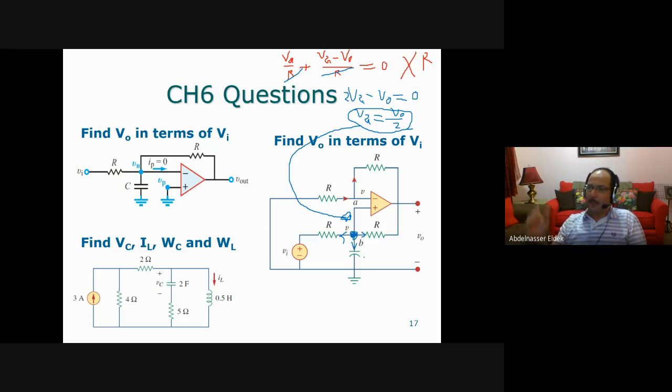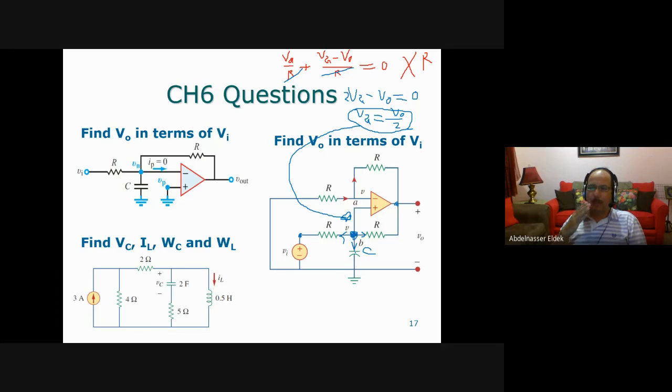The first current is VB minus Vi divided by R. The second one is VB minus VO divided by R. And the third current is in this capacitance, C dVB by dt.